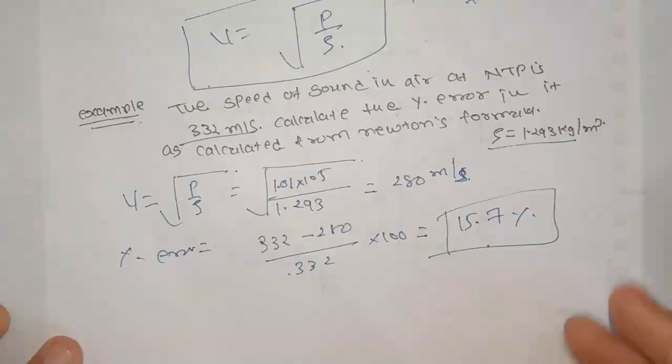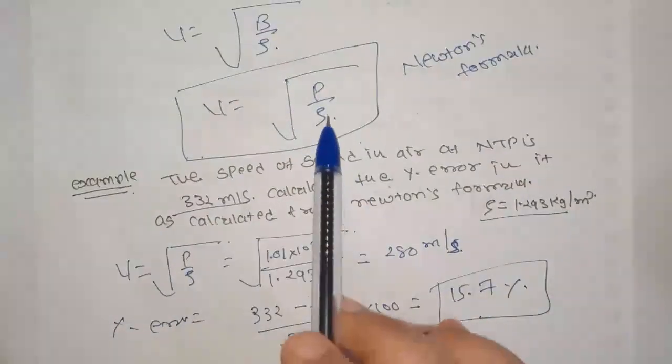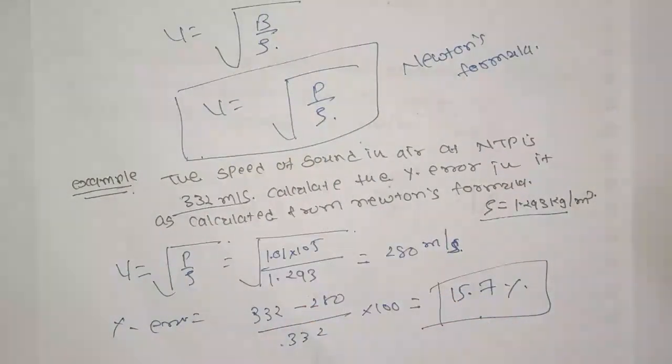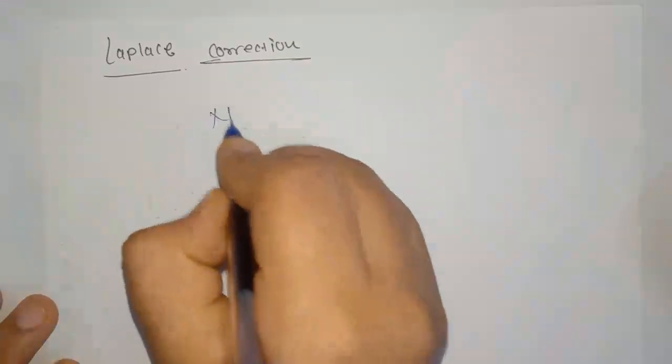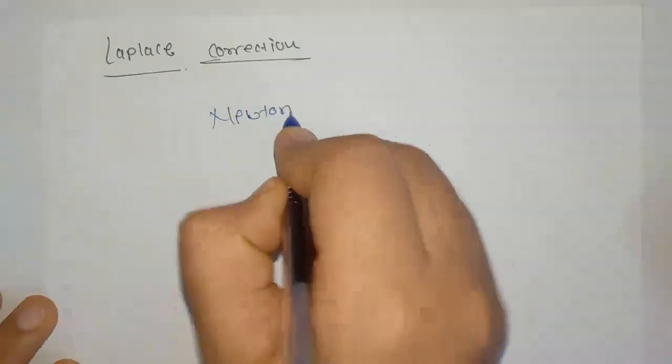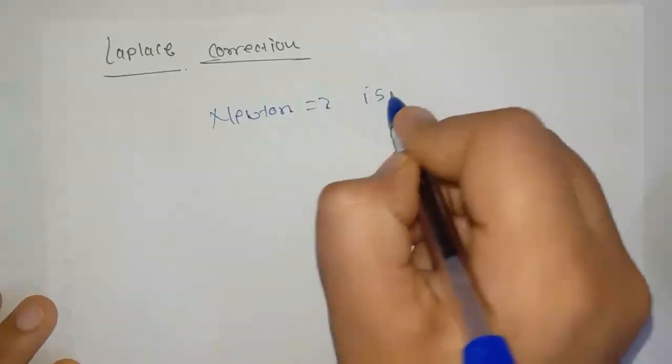So, we have to do some modification in this. Laplace gave the modified equation, so let us see that. Newton assumed that the pressure variations are isothermal.